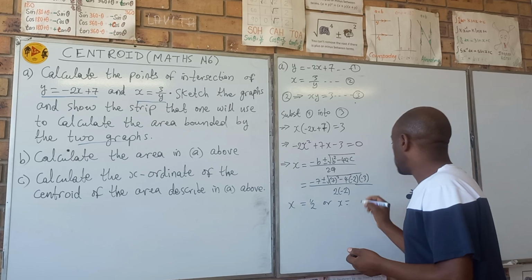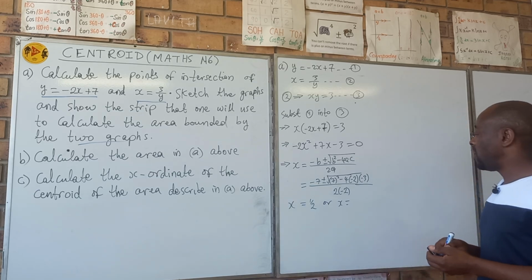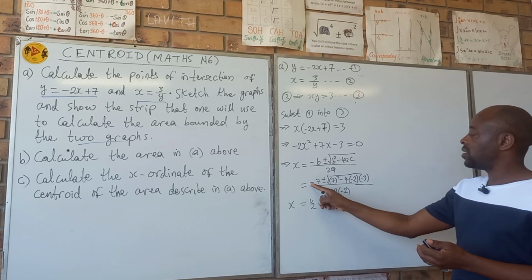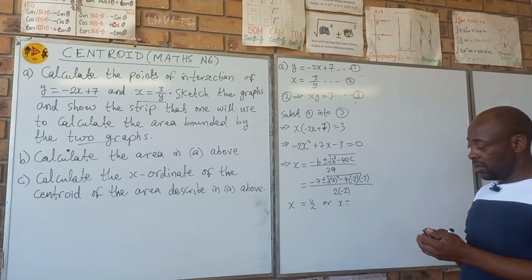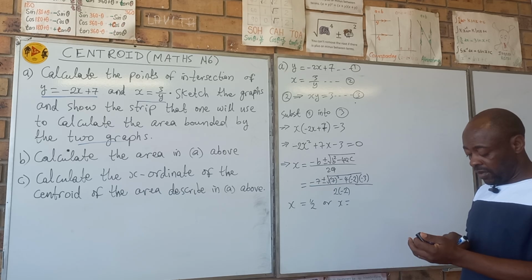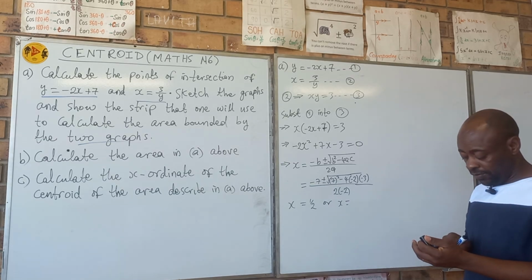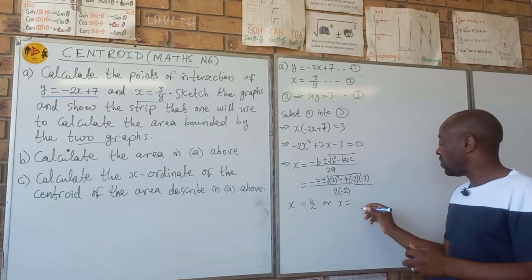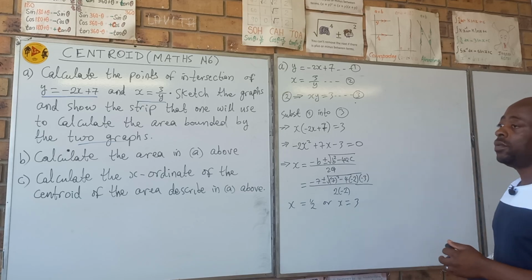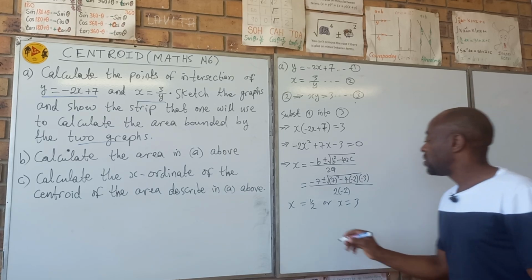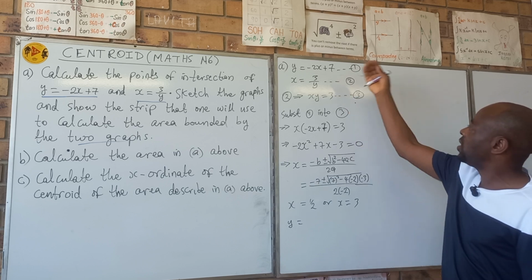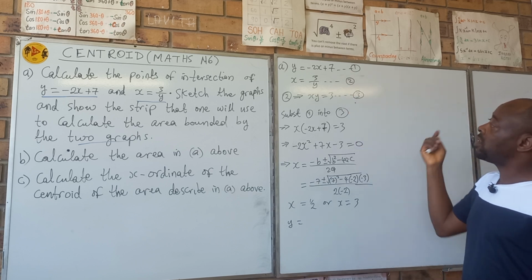For the next value of x, we know this part is 5, so you get negative 7 minus 5, which is negative 12. All that divided by negative 4, so negative 12 over negative 4 should give us 3. So those are our values of x. If we now substitute each value of x into any of the equations up there, we can get our corresponding value of y.